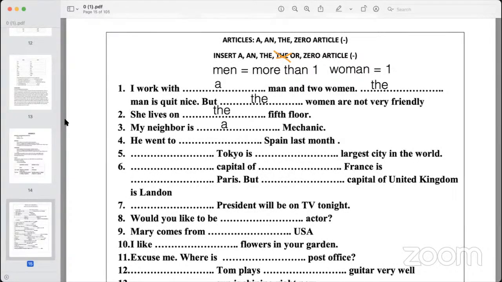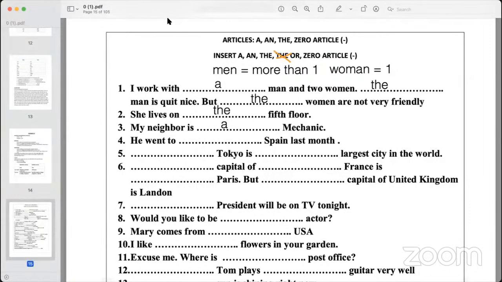So if we look at the fourth one, he went to something Spain last month. He went to the Spain last month. Actually, that one is a zero article.